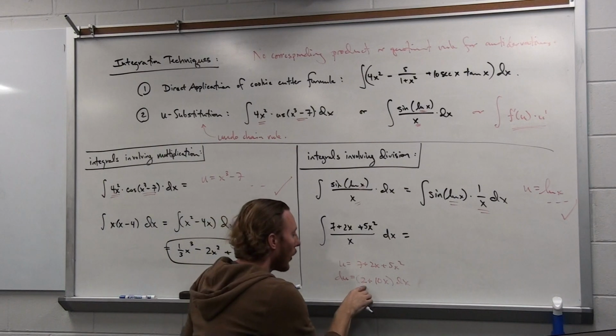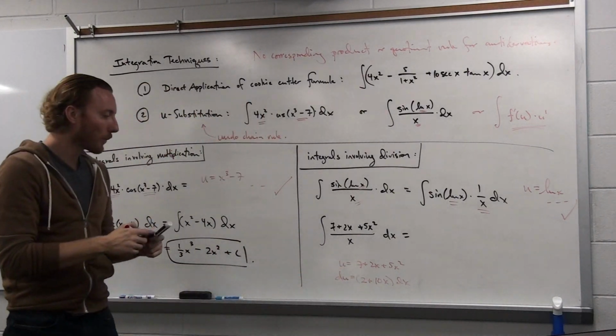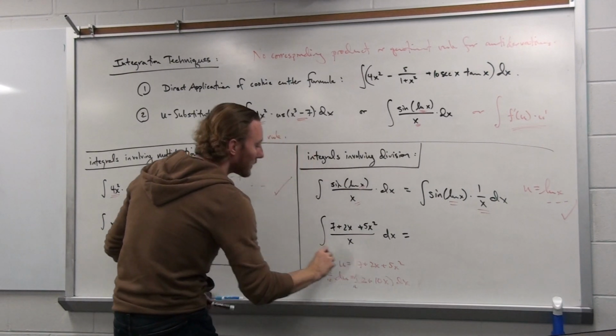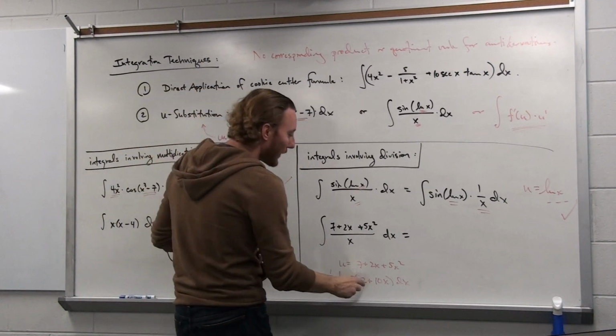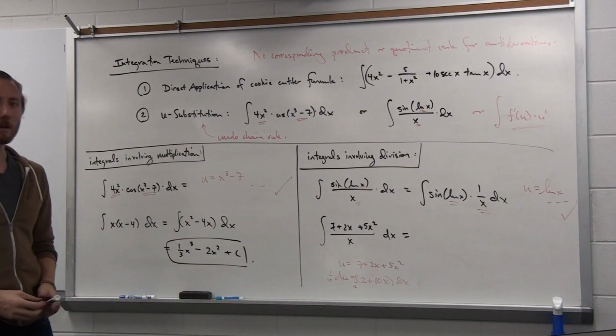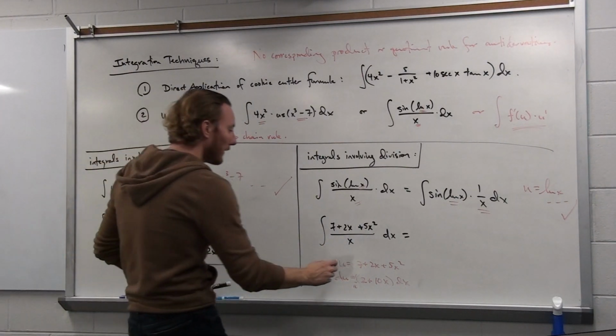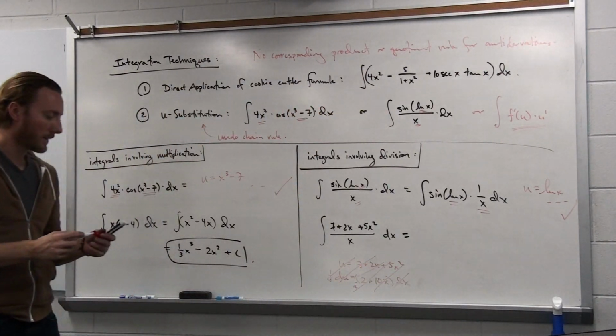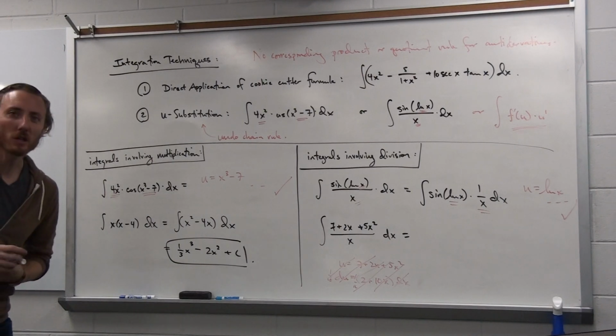All you can do here is multiply by a constant. If you want to multiply by 1/10, that's fine, but you're still going to have a 1/5 in front of your x, and that doesn't work. So if u substitution is not going to work here, yet we involve division, what do we do?